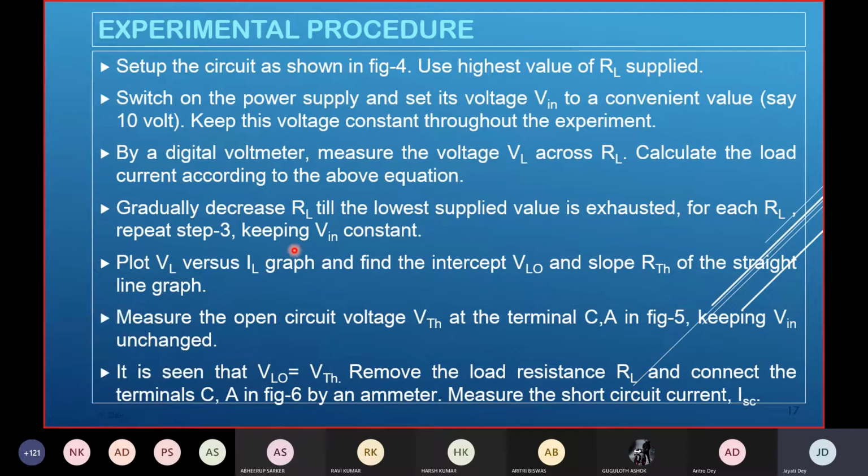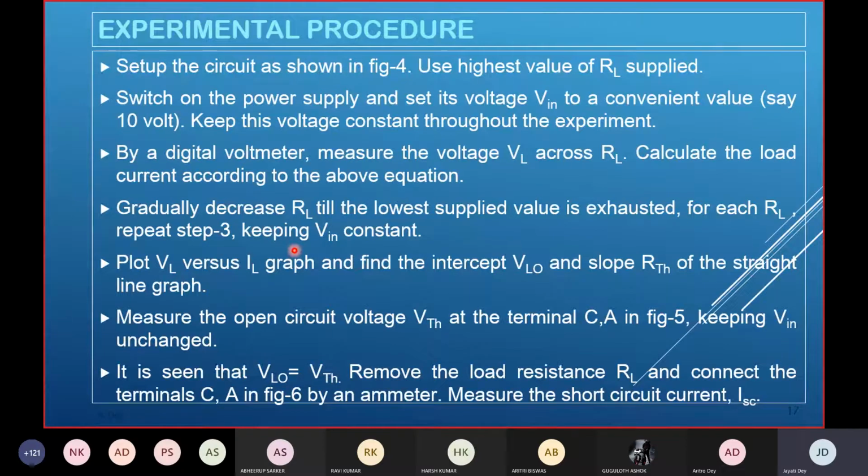We will take several points with different values of RL, and one of the points should be RL equal to 0 and another RL removed. When RL is 0, it gives you I short circuit, and when it is open, the VL voltage will give you the V Thevenin, right?